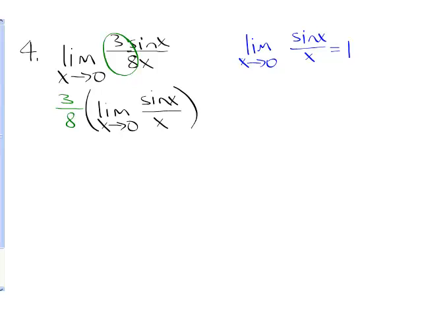And I'm telling you that the limit of sine x over x is 1. It's one of our properties of limits. And so this ends up giving me 3/8 times 1, which is 3/8.